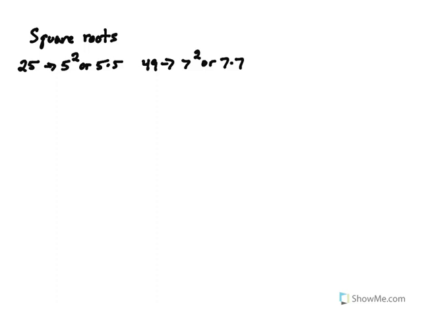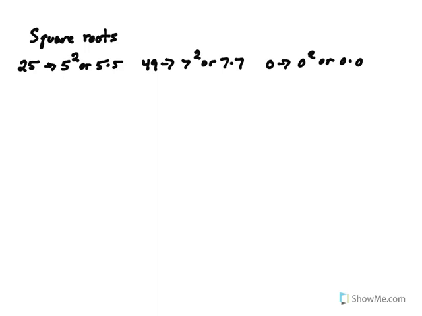Also, if you have 0, 0 is a perfect square because you have 0 squared, or 0 times 0. So anything times itself will give you that product. Those two identical factors that multiply by each other give you a product, and that product is a perfect square.